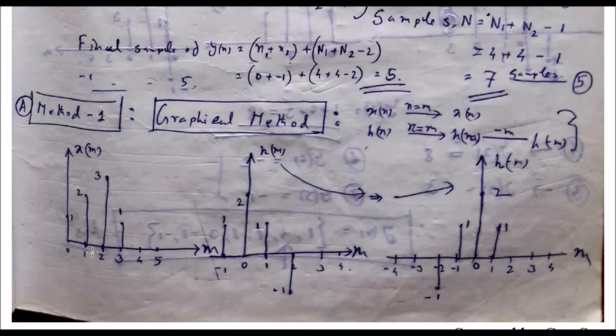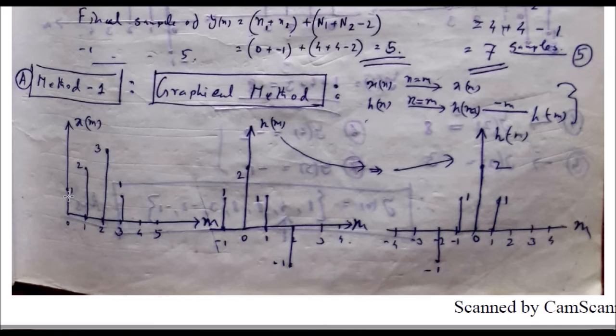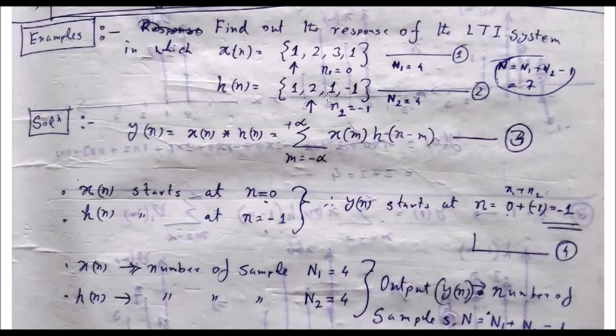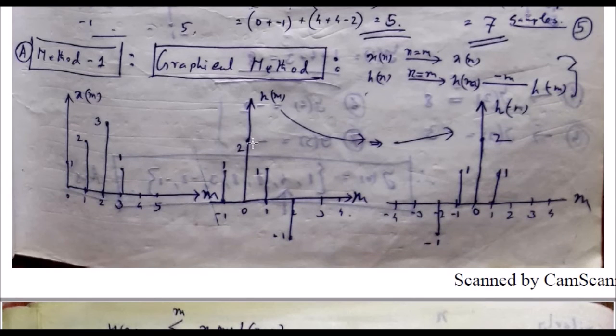So draw the first signal, since it is 1 2 3 1: at 0 it is 1, at 1 it is 2, at 2 it is 3, and at 3 it is 1. And the second signal was 1 2 1 minus 1, where 2 is at the origin. So the value 2 will be at the origin, at minus 1 it will be 1, at plus 1 it is 1, and at 2 it is minus 1. Okay, so x[m] and h[m] are drawn here graphically, where the time indexes are changed to m in place of n.